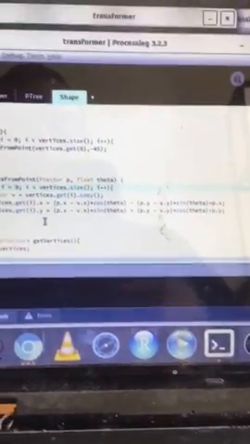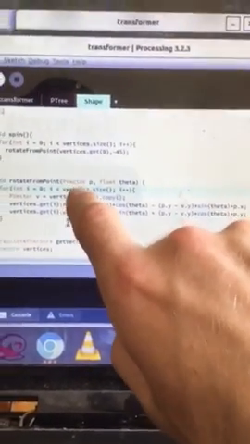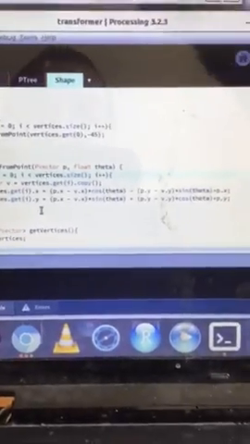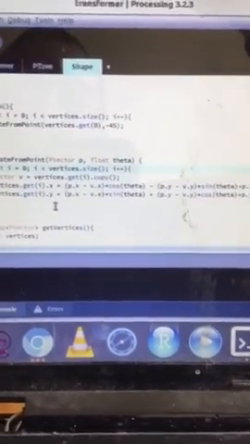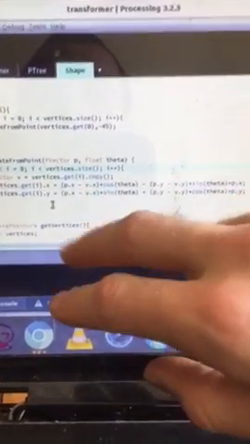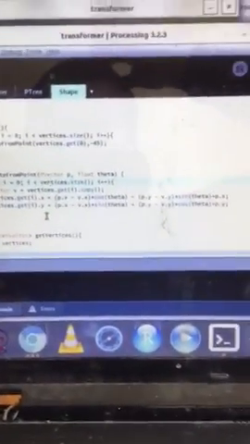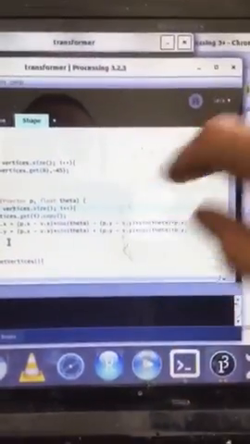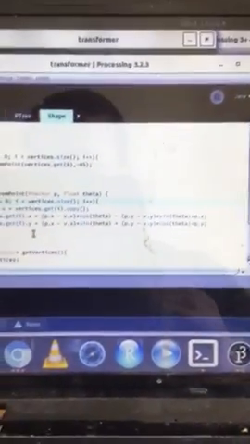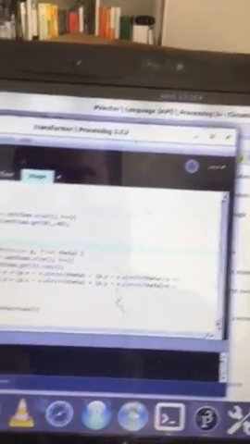And here P is the origin vector, the point we want to rotate from, and then we subtract the vertex we're currently looking at, and multiply that by the cosine of theta, the amount we want to rotate, and subtract. So that's the formula. And it produces this, which is quite beautiful.